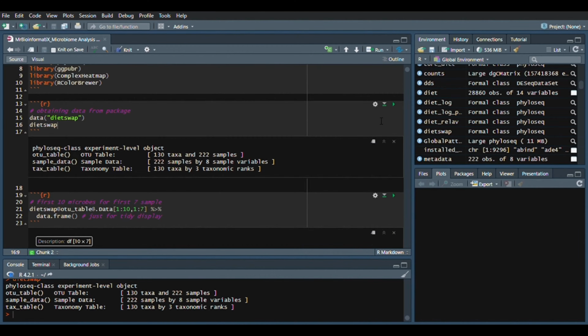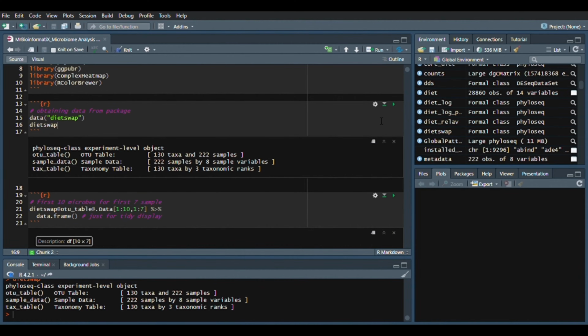So regarding the OTU table, it contains 130 species, taxa from 222 samples. The columns here indicate samples from the experiment, while the rows indicate operational taxonomic units or OTUs. Each sample here is a community of microbes that was sampled from a person's mucosa that underwent the diet swap treatment at a specific time point.